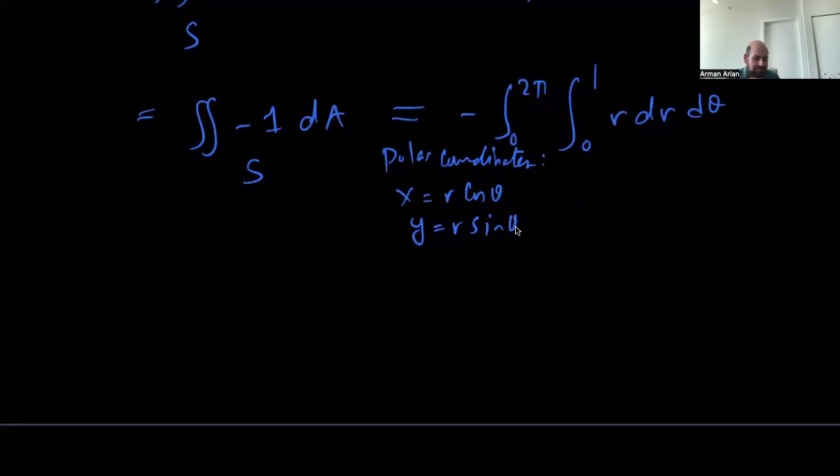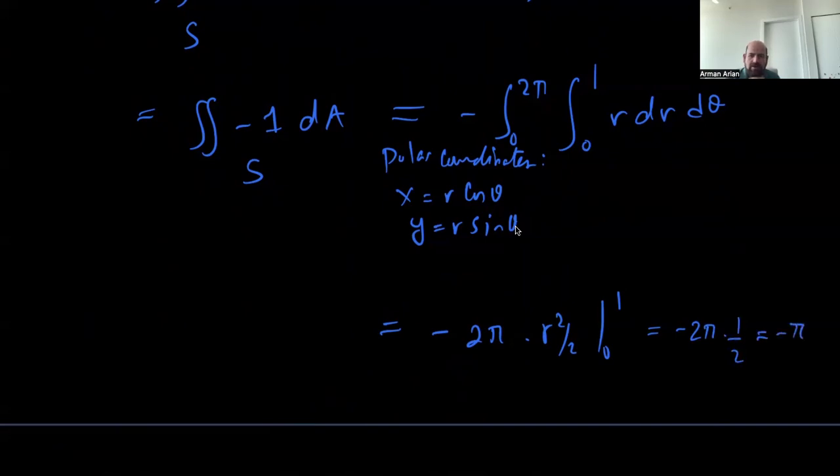This becomes minus 2 pi times r squared over 2 from 0 to 1, so minus 2 pi times 1/2, or just minus pi.